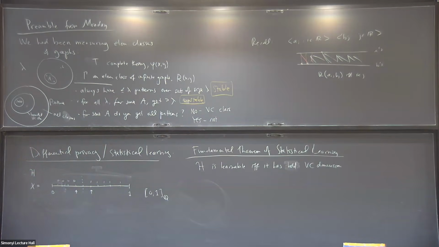And indeed, my random sample is likely to not have gaps that are too large between consecutive points, and so this would indeed be a good way to learn. Maybe the actual threshold is here, so I'm a little bit off from the actual answer, but this would be well within the learning guarantee if my sample is big enough.